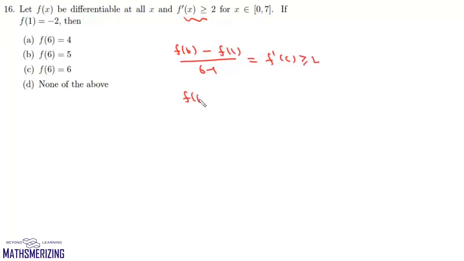Now we can write f(6) minus, now what is f(1)? f(1) is minus 2, so it will be minus of minus 2 and will be greater than or equal to 10. That is value of f(6), it should be greater than or equal to 10 minus 2, which is 8, and that's your none of these, option D.